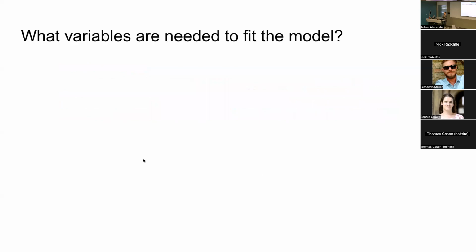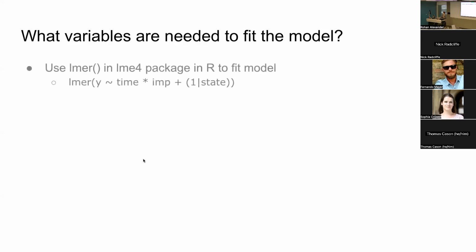I also asked the students what variables are needed to fit the model. Actually, I asked the students for the minimum number of variables that we need to fit the model. To fit a linear mixed effects model, the authors use the lme4 package in R. They use the lmer function, and that's what we use too to fit the model.